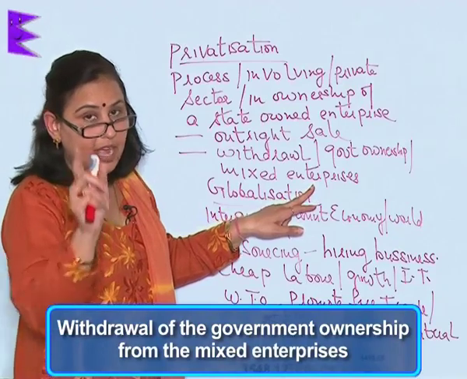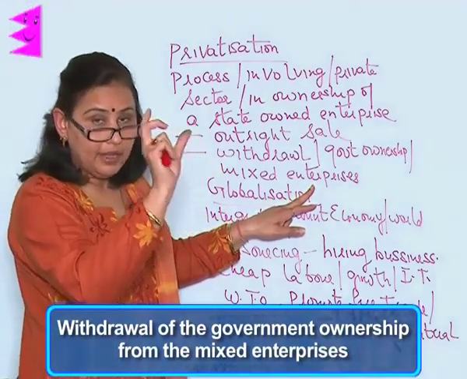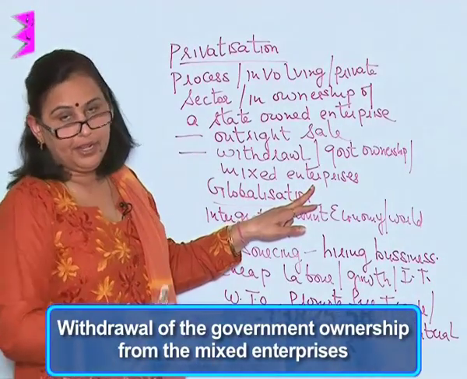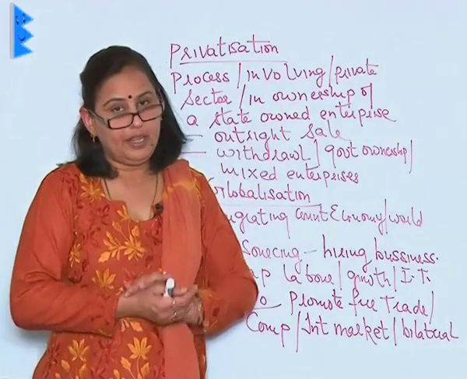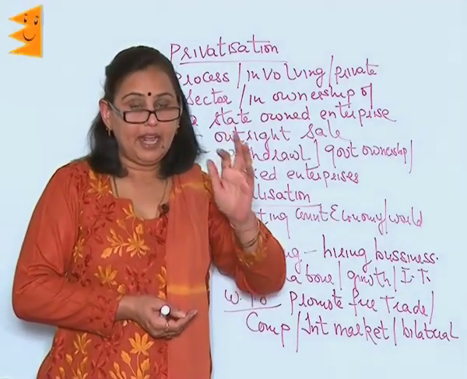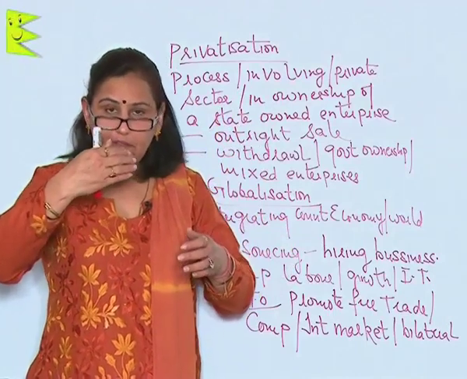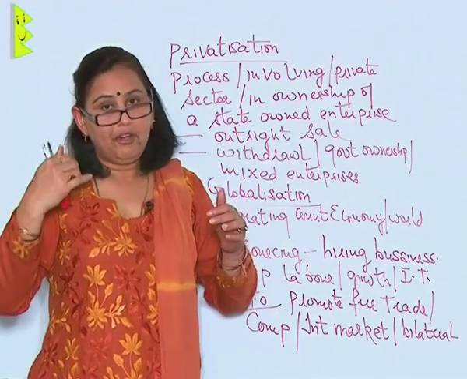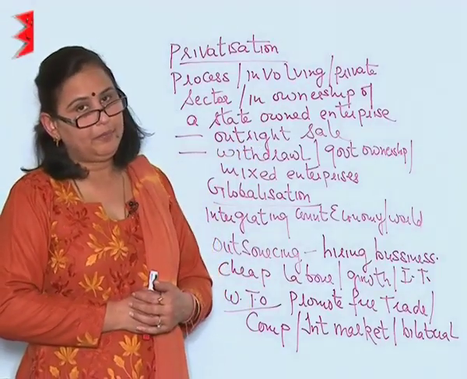Mixed enterprises are those which are owned jointly by both the government and the private individual. So, to bring about privatization in the country, the government has to make efforts to slowly withdraw itself from the market area, from the production area.